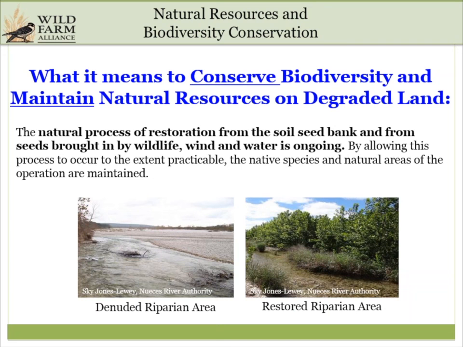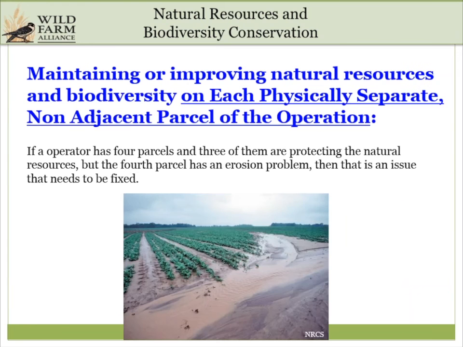But if they're non-native, some non-natives may have good functions for holding soil in place and even support wildlife such as pollinators at a certain point of time in the production cycle.